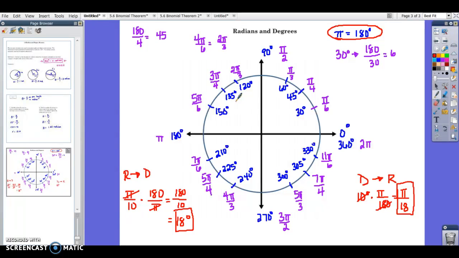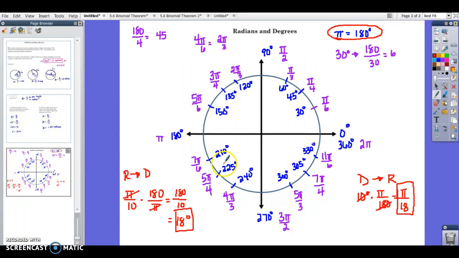If you know that something is divisible by 30, so let's say you want to find 210 degrees, you say, well, 210 is divisible by 30. If I multiply 30 by 7, I get 210 degrees. Well, I know that pi over 6 is the equivalent in radians of 30 degrees. So pi over 6 times 7 gives me 7 pi over 6. That's 210 degrees.